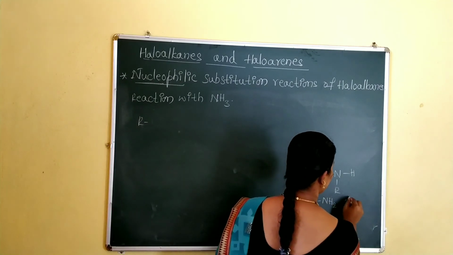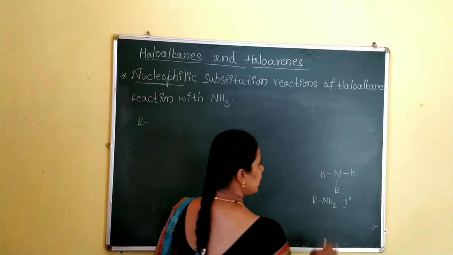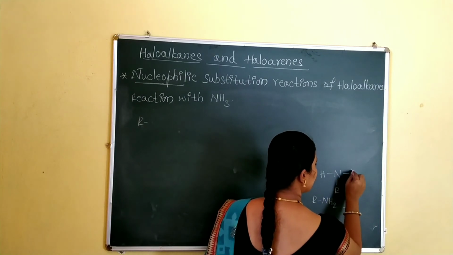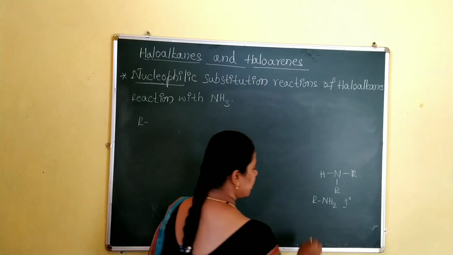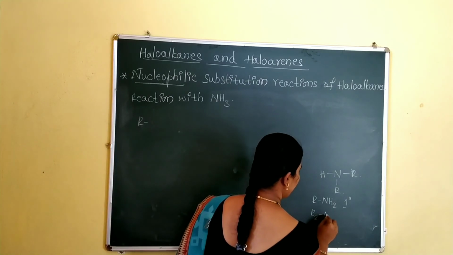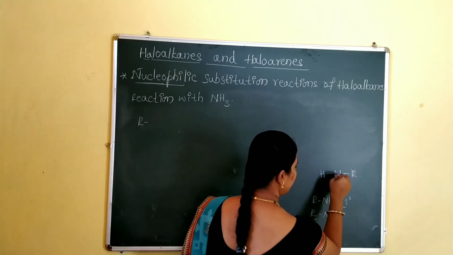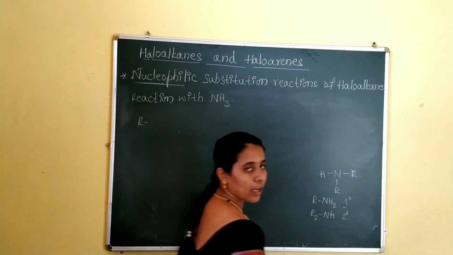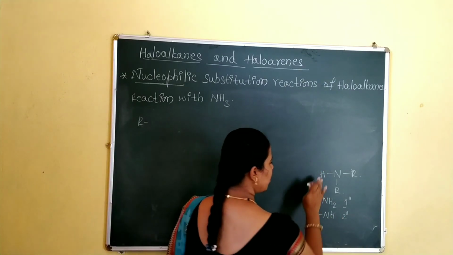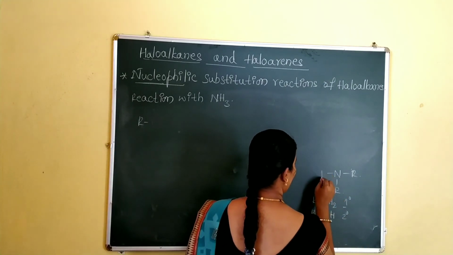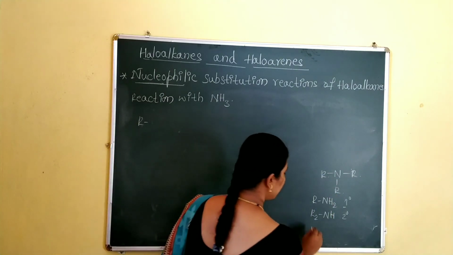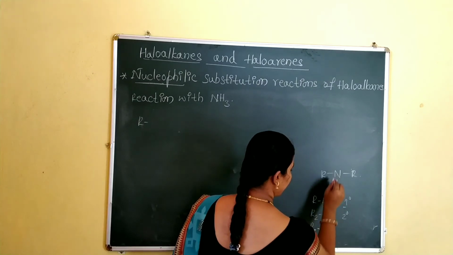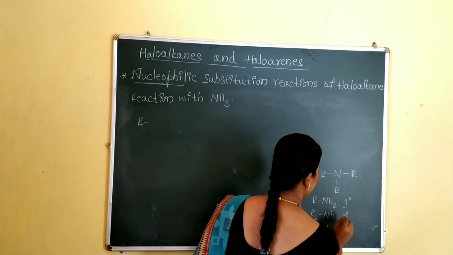This is known as primary amine. If one more hydrogen atom is replaced by one more R group, then it becomes R2NH. This is known as secondary amine. If one more hydrogen atom of ammonia is replaced by R group, then it becomes R3N. This is tertiary amine.